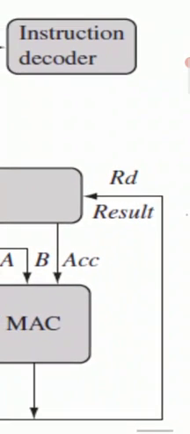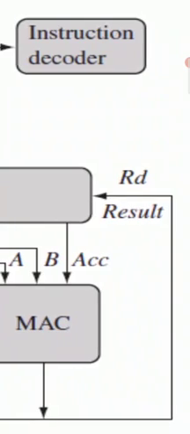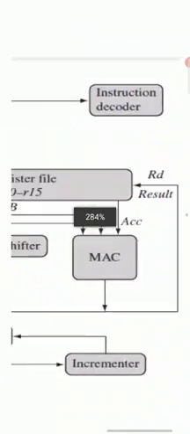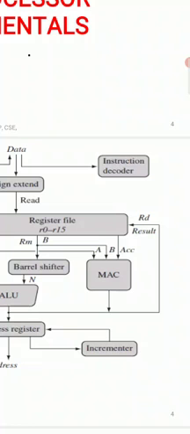For load and store instructions, the incrementer is here. Always remember that there are two instructions available, load and store, which is very important. The load instruction copies data from memory to register, whereas store copies data from register to memory.